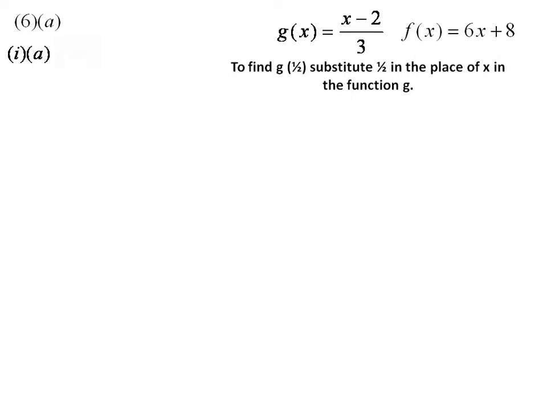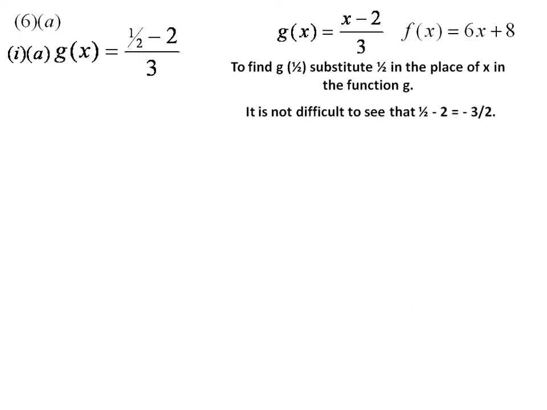So x is a half, so a half minus 2 over 3. It is not difficult to see that a half minus 2 is equal to negative 3 over 2, but we will look at that on a subsequent slide. So we have a half minus 2 to be subtracted from a half, and that is negative 3 over 2.